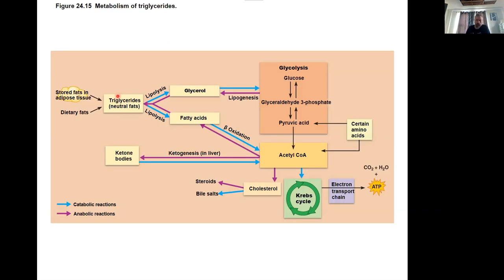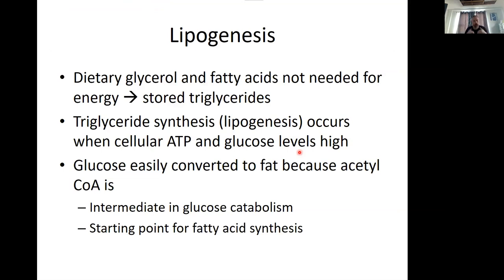Basically, because we have this middleman pathway, this acetyl coenzyme A pathway, in all of our metabolic pathways, we can use that to go back and forth between different major nutrients. We can very easily then convert excess carbohydrates into fats. That is what lipogenesis is. This is what all of this is talking about in this slide.